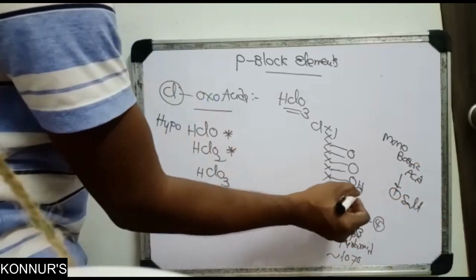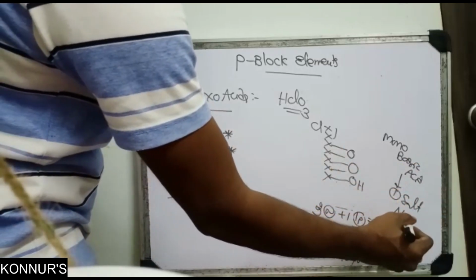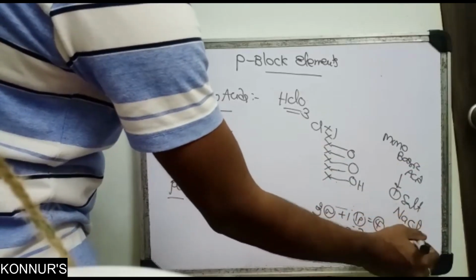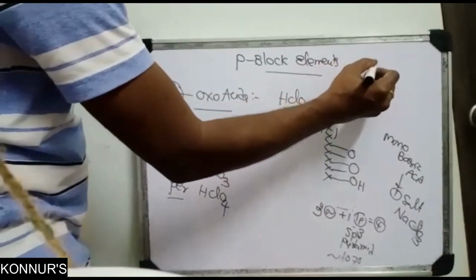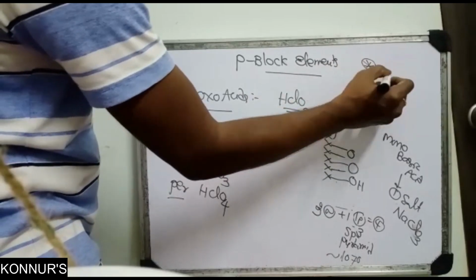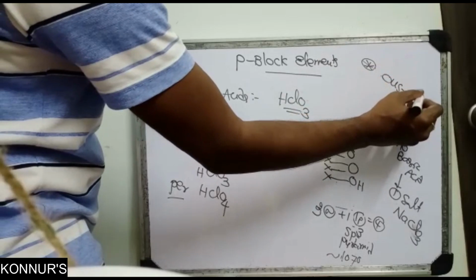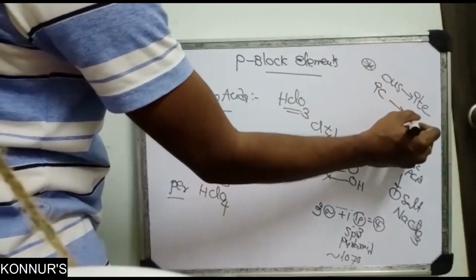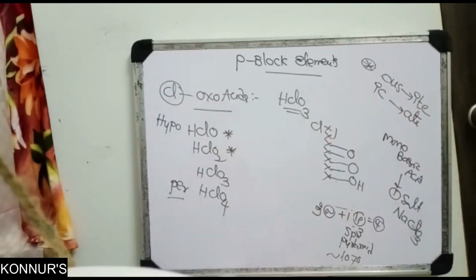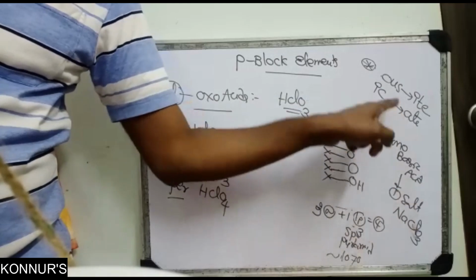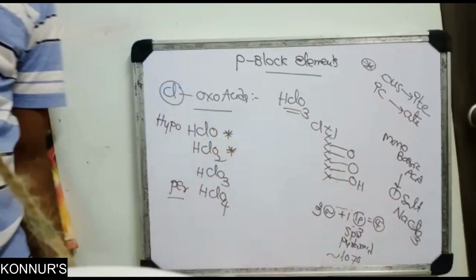What is the salt? Active hydrogen replaced with any metal: NaClO3. The ous acid we show with a star, and its salt is an ITE salt. Without star means ic, which shows an ATE salt. So this is chloric acid, and that's why the name is sodium chlorate.